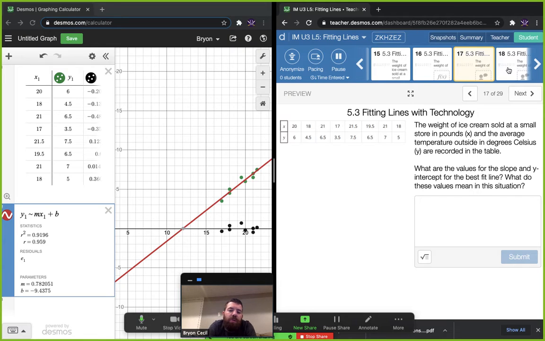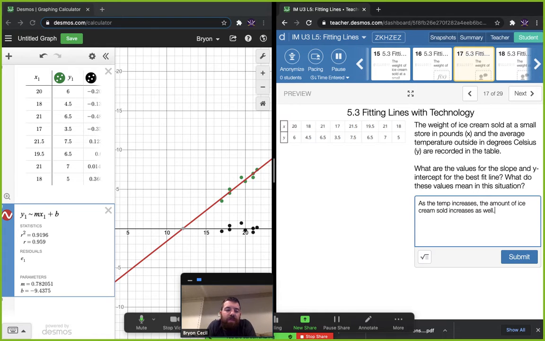Again, x is the temperature, and y is the amount of pounds sold at the ice cream store. So we can see that as the temperature increases, the amount of ice cream sold increases as well.